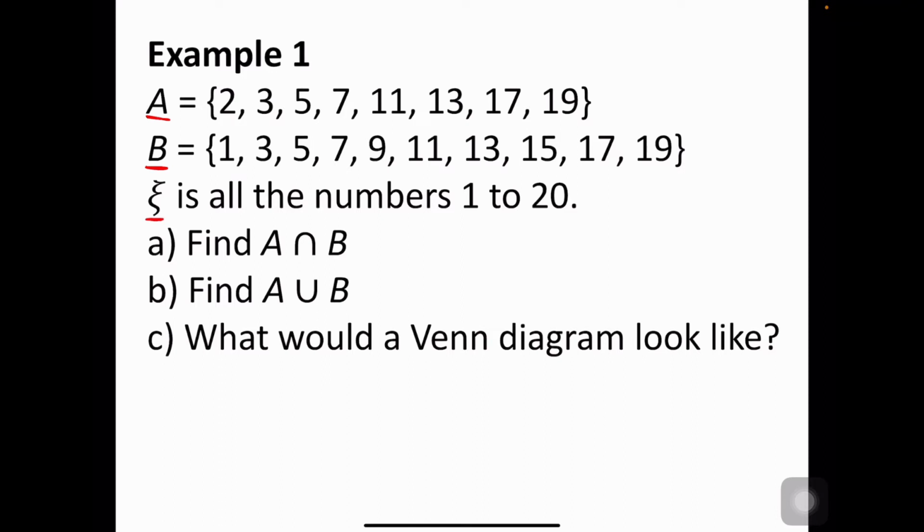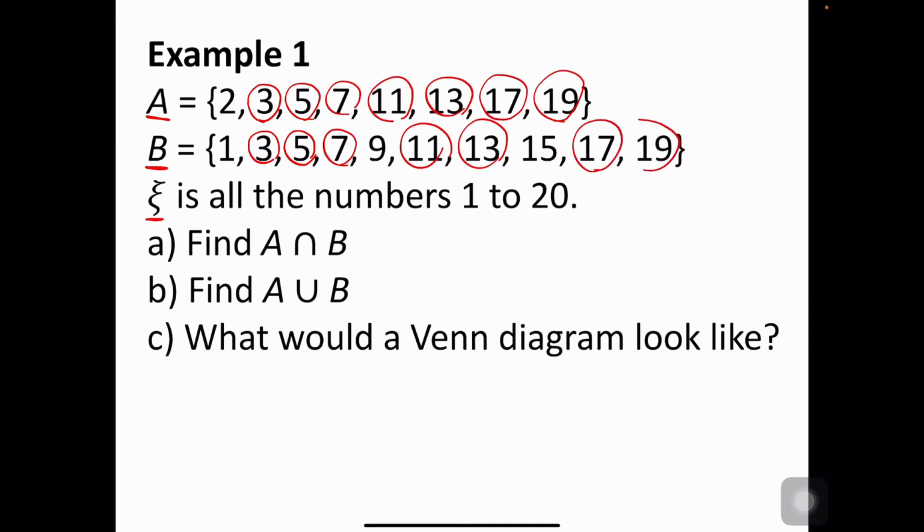So let's circle them here. I'm just highlighting the numbers which are in both sets. These two. So I can write 3, 5, 7, 11, 13, 17, 19.